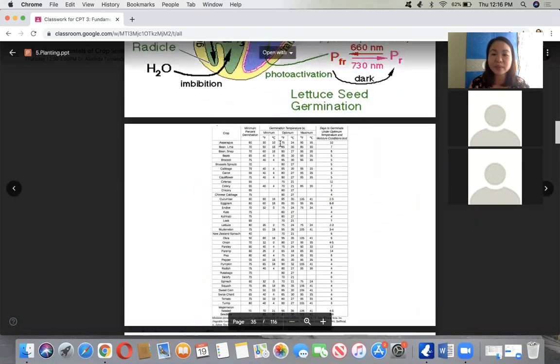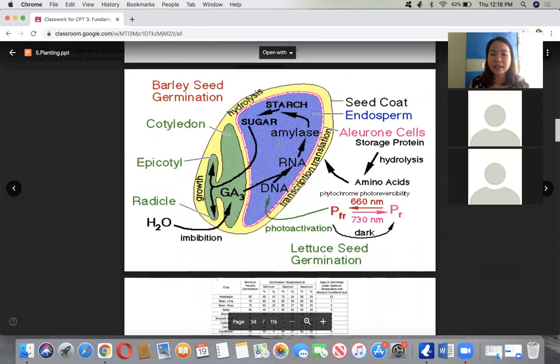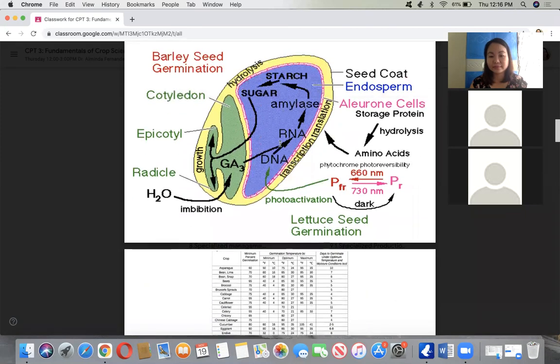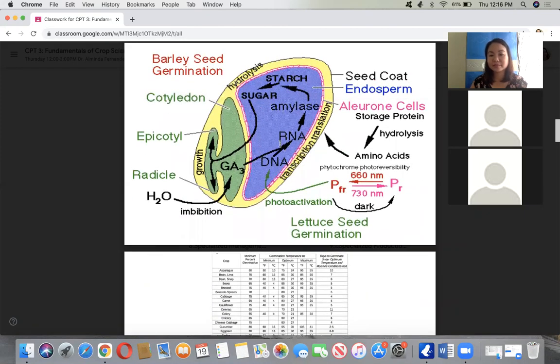I hope you can identify the difference between barley seed germination and lettuce seed germination. Yes, Oliver, what is the difference between barley and lettuce? Ma'am, I am not familiar with barley.